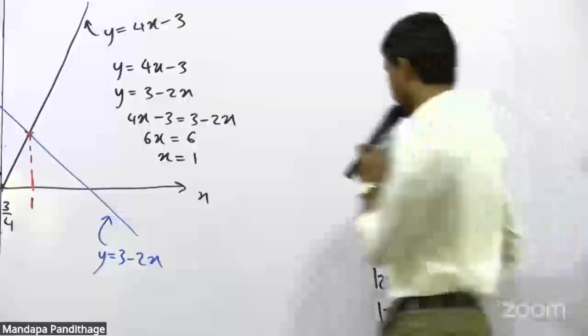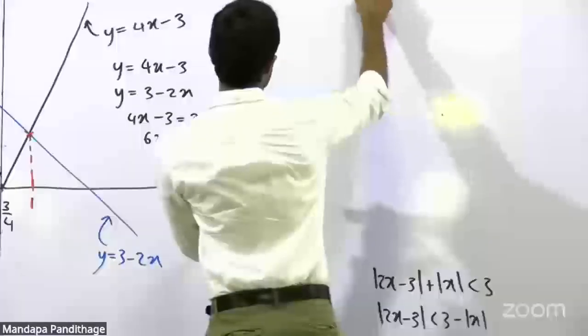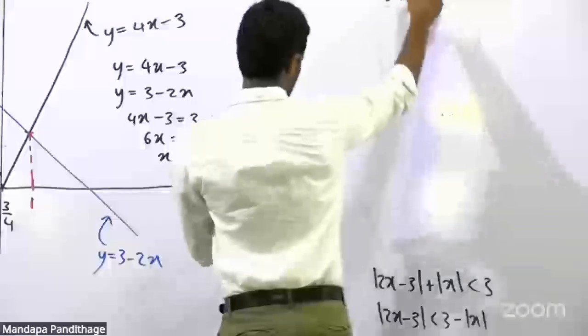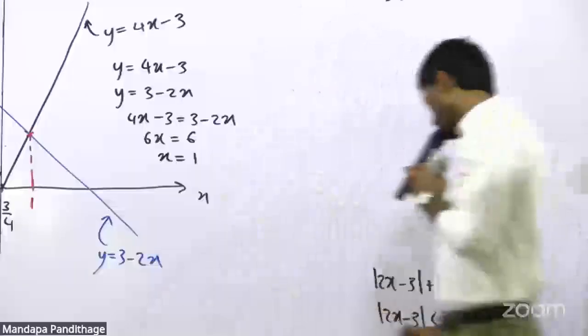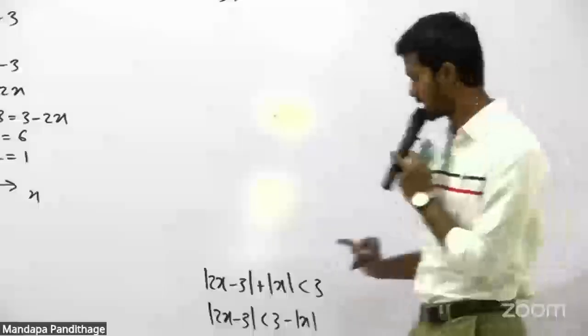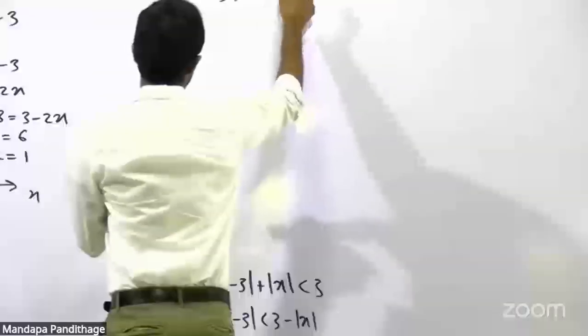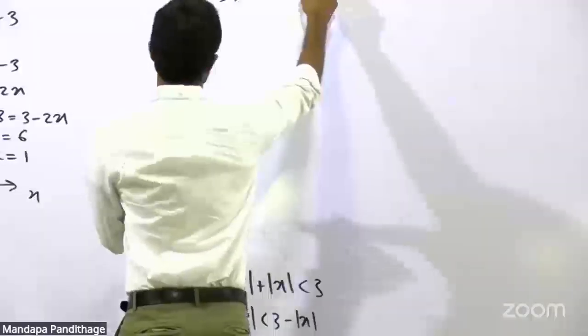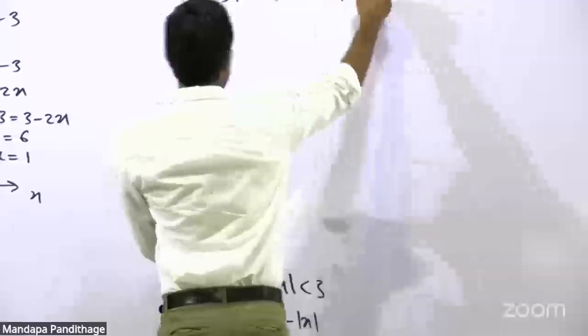So instead of this, write 4x minus 3 is less than. Do we know the graph of 3 minus modulus x? No. What do we know? 3 minus 2 modulus x. So looking at this, 3 minus 2 modulus x. And then write the answer.